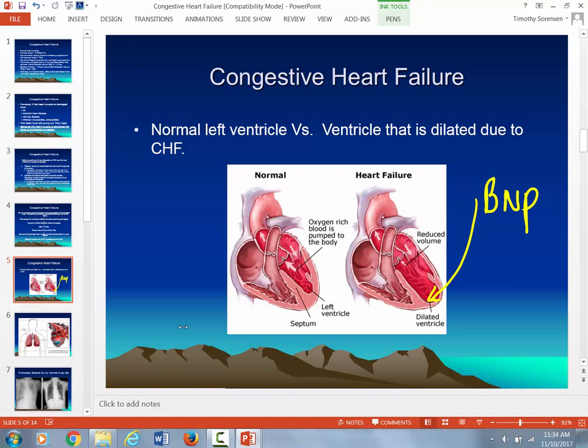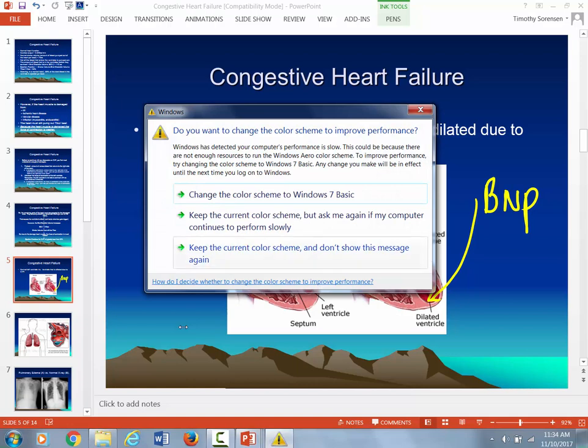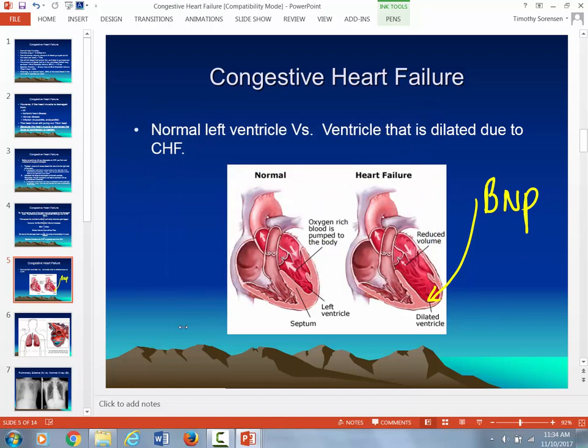BNP stands for brain natriuretic peptide. The reason it's called brain natriuretic peptide is that it was first isolated in sheep brains. But in humans, it's released from ventricular muscle cells when they are overstretched.